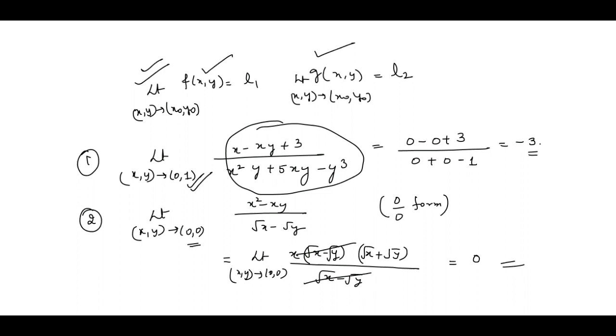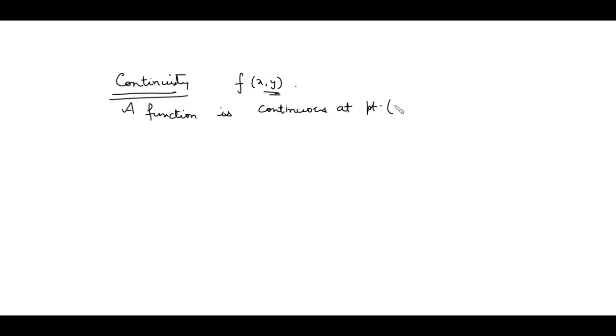Now the next, see the continuity. Now what do you mean by continuity in case of a function of more than one variable? We will say a function is continuous at any point x naught comma y naught if, first of all, f is defined at x naught comma y naught.